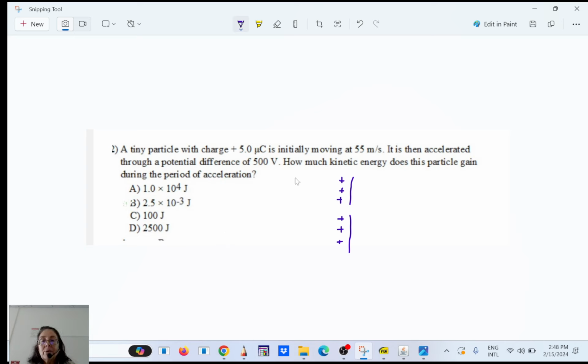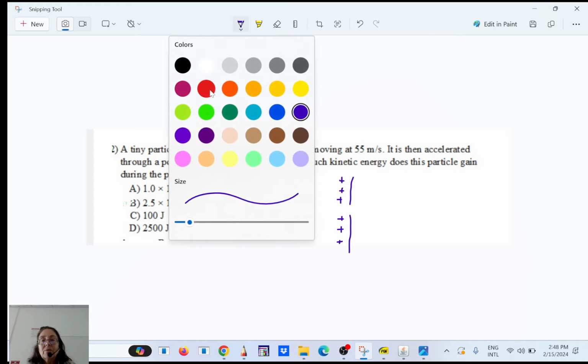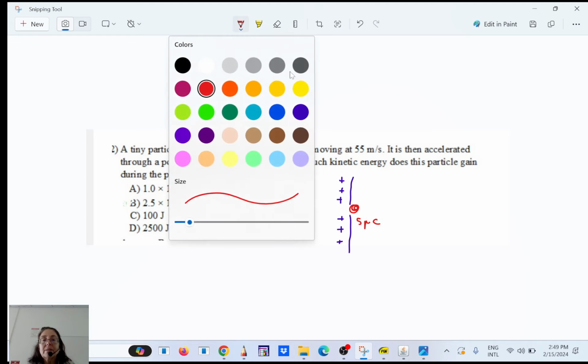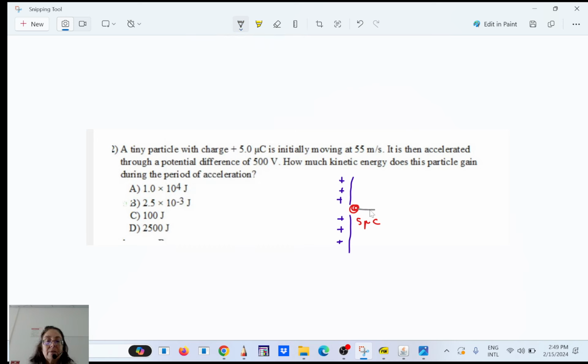So here you have a positive charge. First thing you want to draw is the positive charge, and it has an initial velocity, 55 meters per second, and you accelerate. So somewhere you're going to have a minus here.